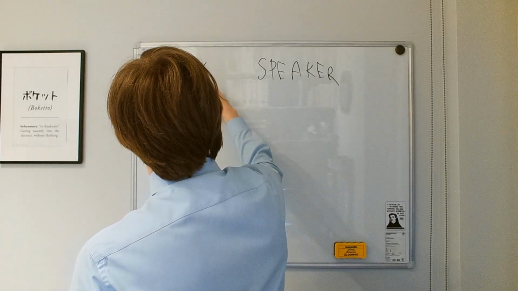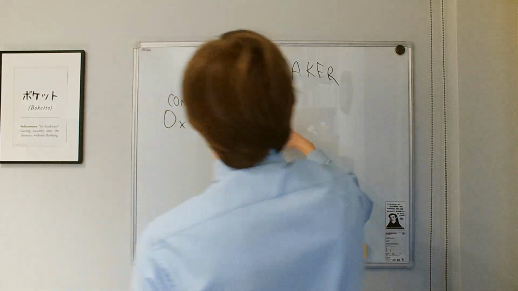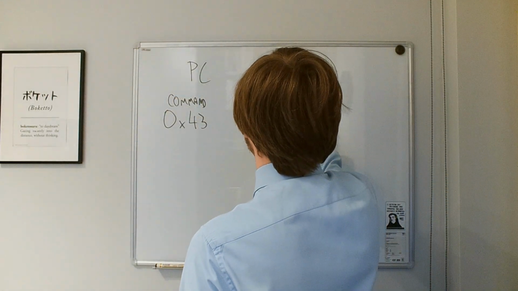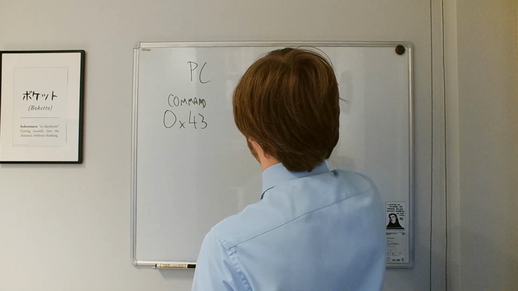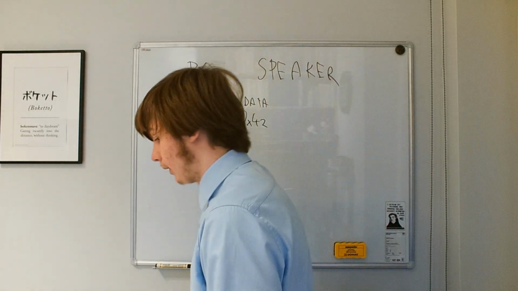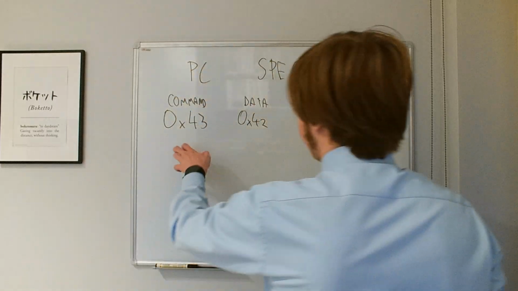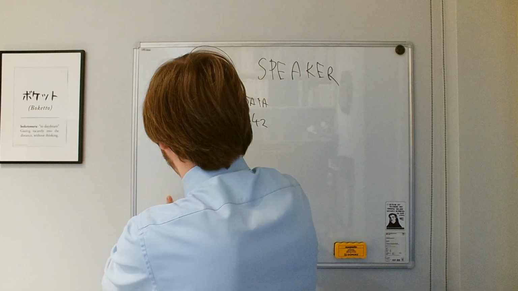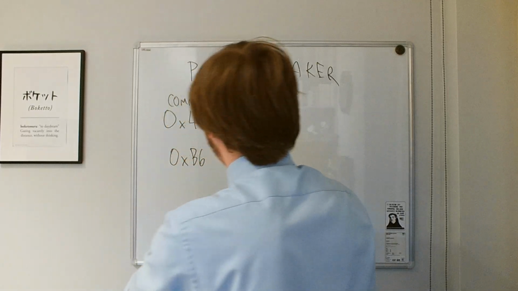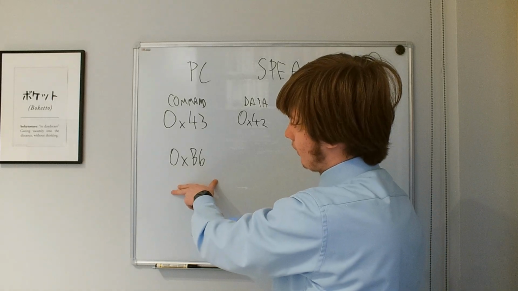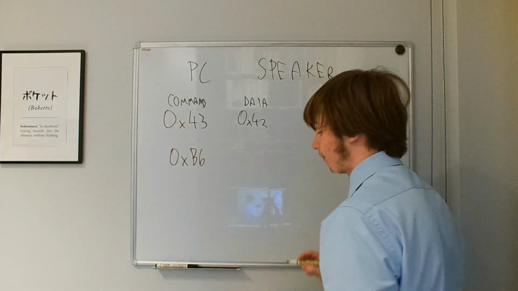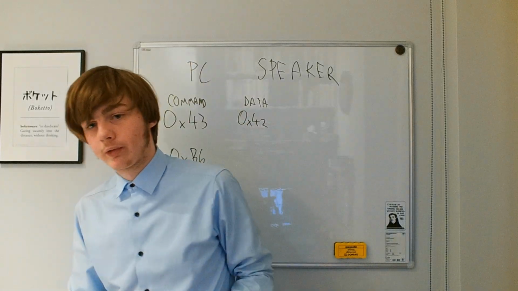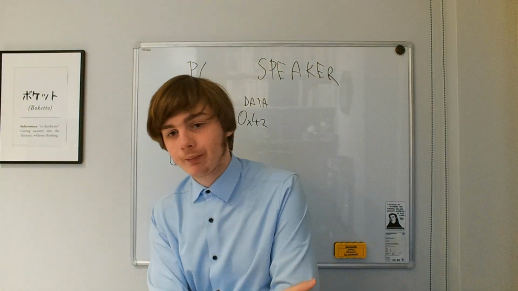Our command port is going to be hexadecimal 43, and our data port is going to be hexadecimal 42. The set frequency command is hexadecimal B6. So we first send B6 to the command port, and then to the data port, we have to dictate the frequency.